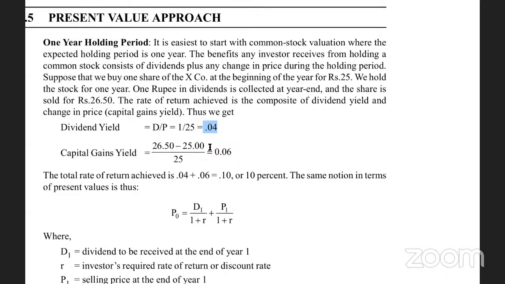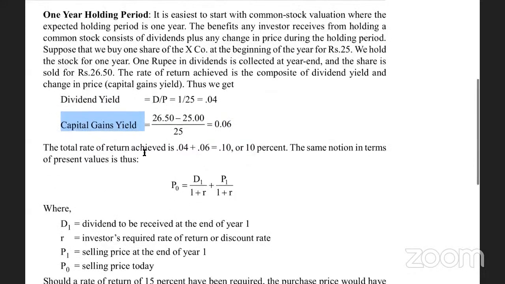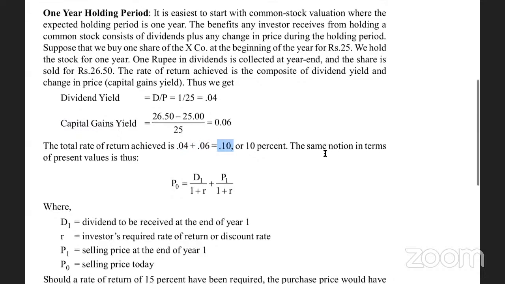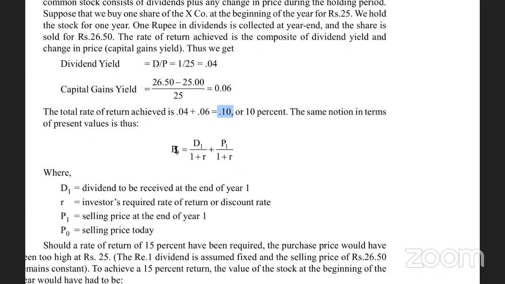Then you bought at 25 rupees and sold at 26.50. The difference is 1 rupee 50 paise. 1 rupee 50 paise by 25 gives you 0.06 or 6% capital gain. There's a dividend yield, there's a capital gain. Put together it is your total rate of return: 4% plus 6%, that is 10%. So P, the price of the share, is equal to D1 by 1 plus R plus P1 by 1 plus R.